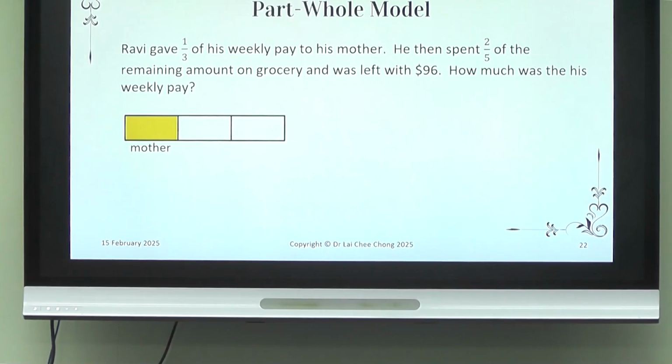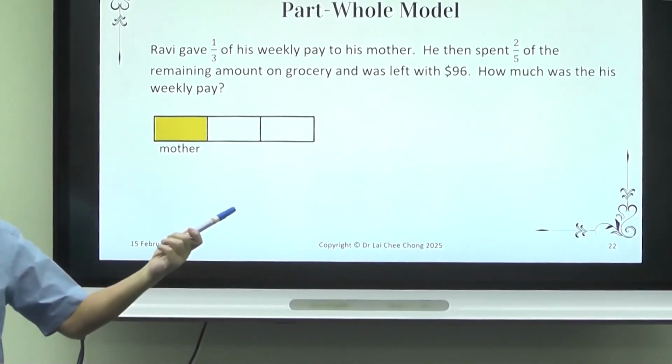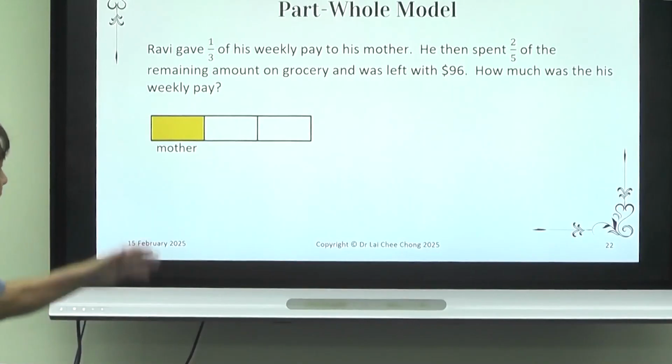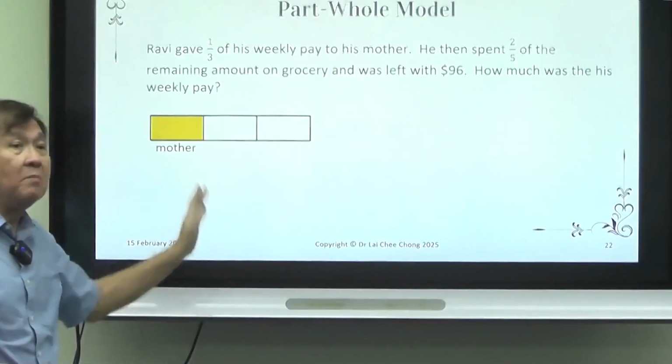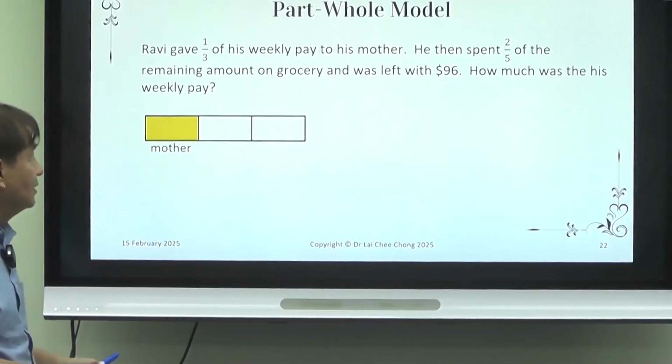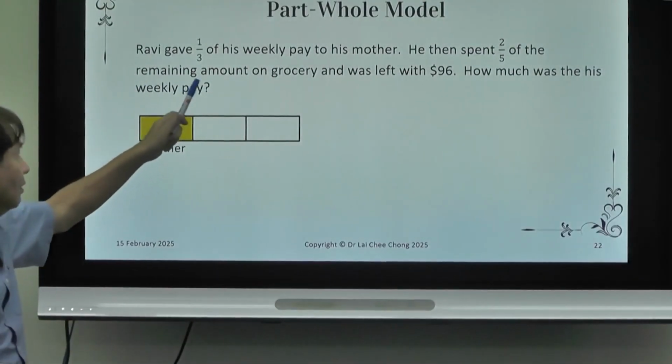First of all, now let's step by step. He said, Ravi gave 1/3 of his weekly pay to his mother. So this long bar here must be weekly pay, am I right? It's a whole. I divide into 3 parts. This 1/3 go to the mother. So this part is what that remains, put it this way. Now, he said, then he spent 2/5 of the remaining amount on grocery.